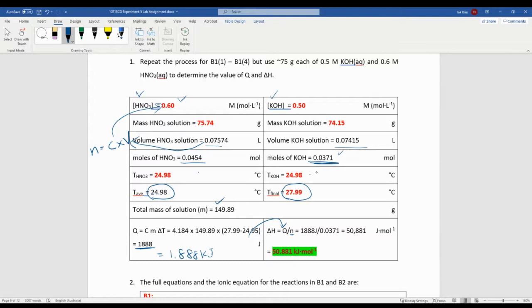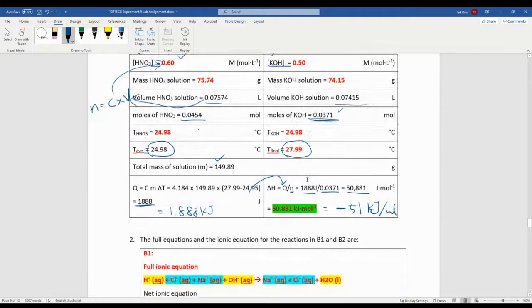So using the value from your Q and the number of moles of your limiting reagent, you will get about 51 kilojoules per mole. Obviously, you need to put a negative sign because it's an exothermic reaction.